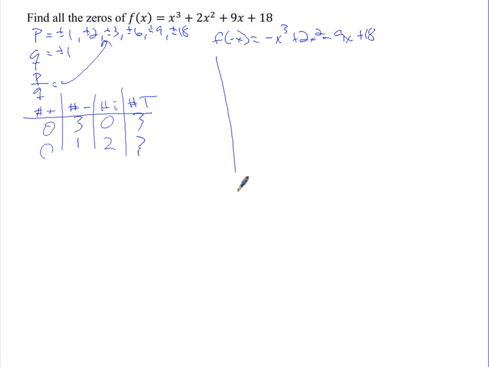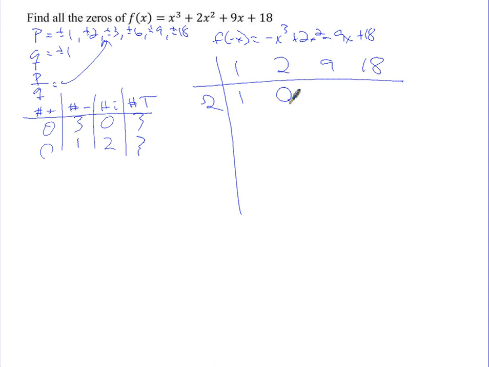Set up your synthetic division. -2. 1, 2, 9, 18. We're only checking negatives. What do you want to start with? -2? Did you try it already and you know that it works? Okay. -2. The 1 comes down. 1 times -2 is -2.